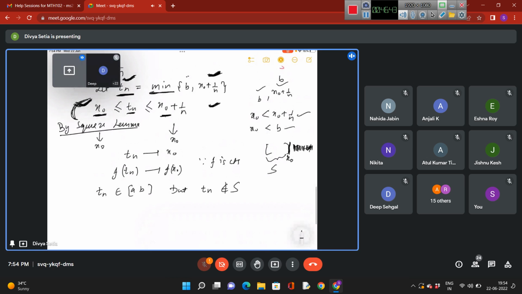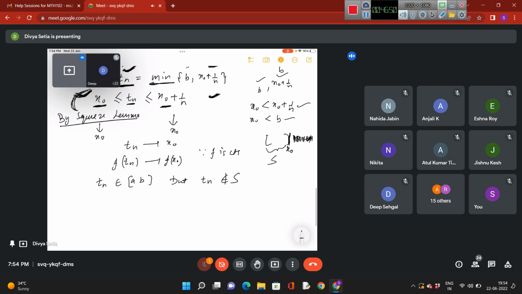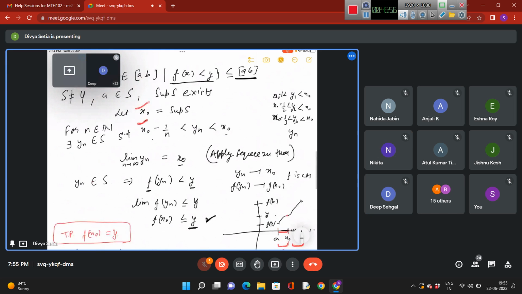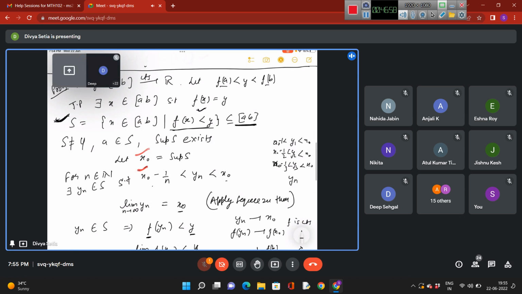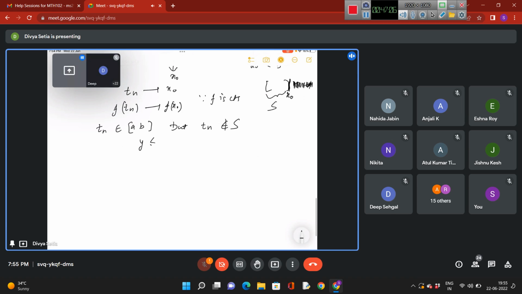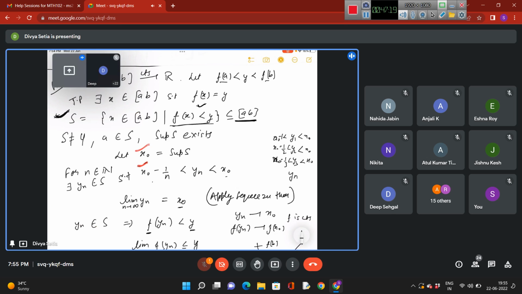Why do the Tn's not belong to the set S? If Tn does not belong to set S, that means everything is bigger than Y. That means Y is less than or equal to Tn because they are not in the set S. So f of Tn is bigger than Y, otherwise the elements would have to be in the set.